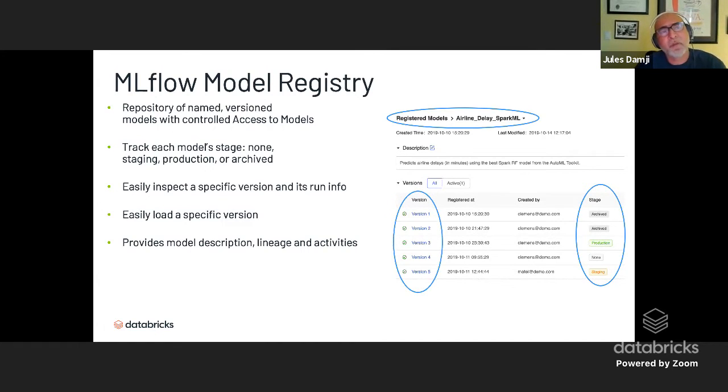I can find out what particular versions of the model are registered under this particular model called airline display. I can look at the descriptions and annotations and links and PDFs and all the documentation associated with it, all the lineage that I can keep track of. And this gives us a very distinctive way to create two workflows that are very common in how people use the registry.